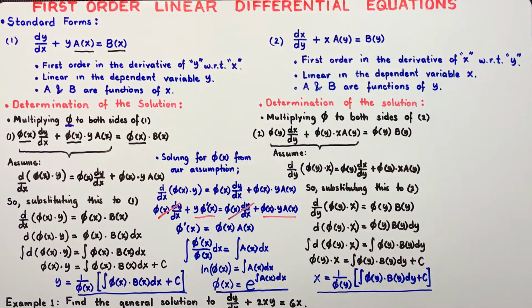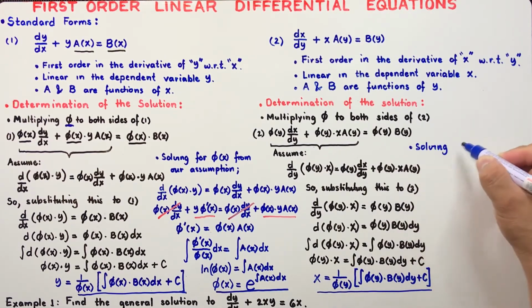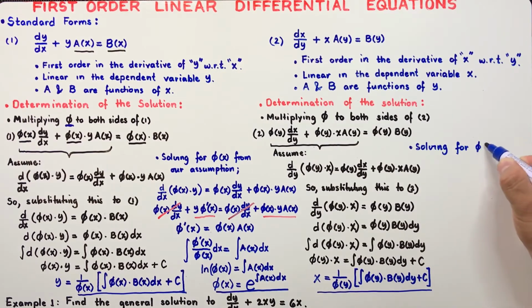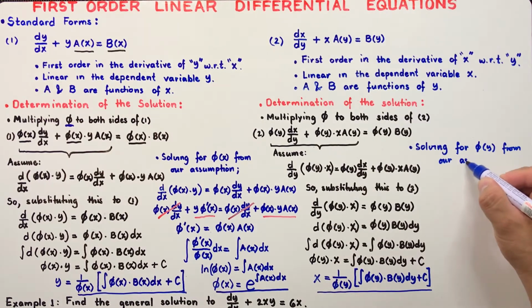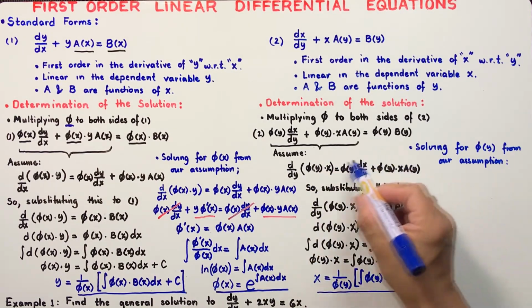But the problem here is, how do we find our integrating factor phi of y? So to solve for this integrating factor phi of y, we can use the assumption that we have, that this one is equal to this.